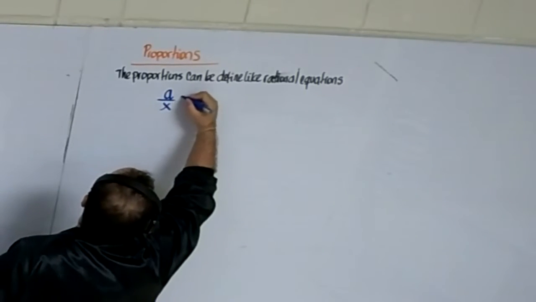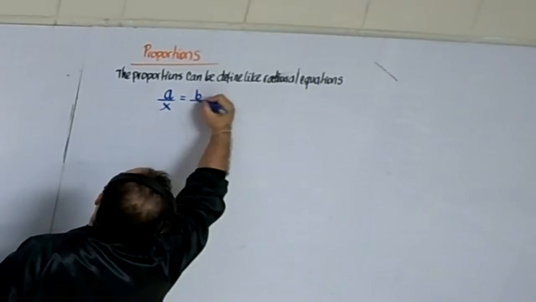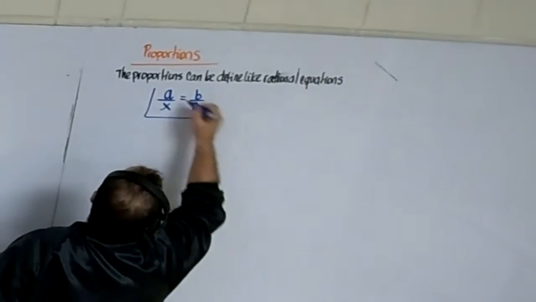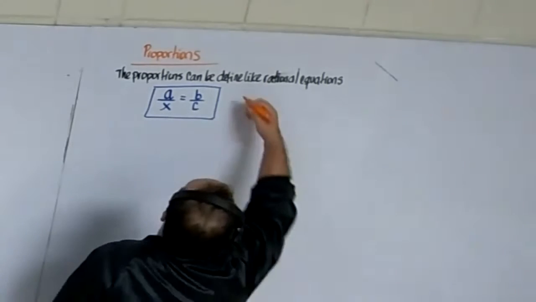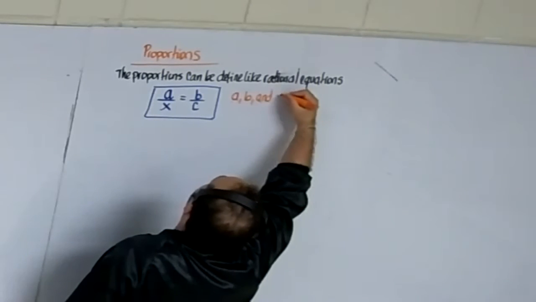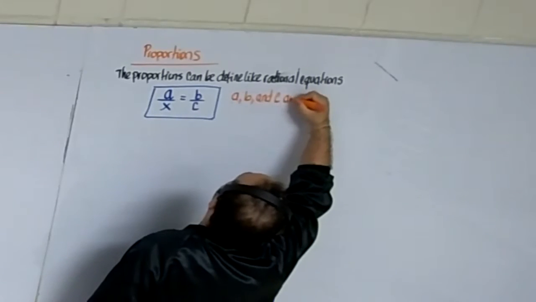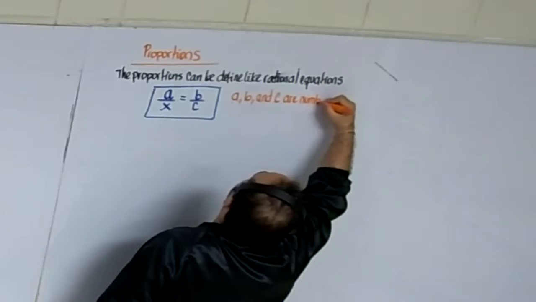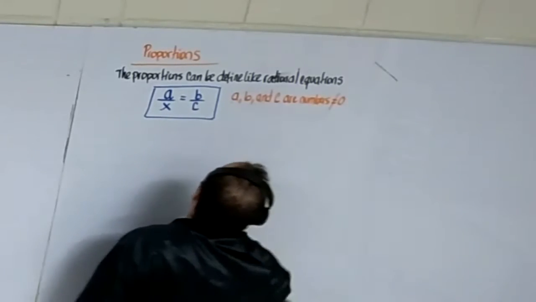What will be the form of the proportions? For example, if I have one single example like a over x equals b over c, just to give you an example, this is a rational equation where a, b, and c are numbers different than 0, in simple words.